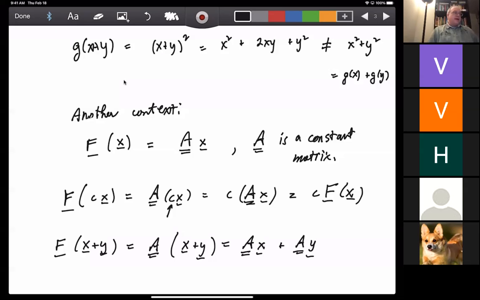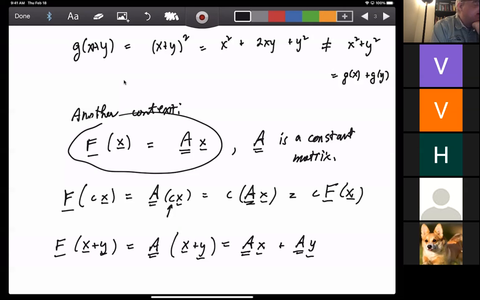Okay, so linear algebra gets its name because it is basically the algebra of functions of this sort. And functions of this sort show up in lots of equations that we would like to solve.